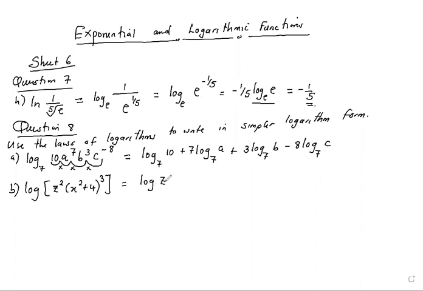Now realize that z is squared, so we drop the 2. And then plus the log of x squared plus 4, and we realize that this is to the power 3, so we drop it. And then we are done. What we don't have is a property that separates these. We don't have it, and we should never try. So never separate the inside plus.